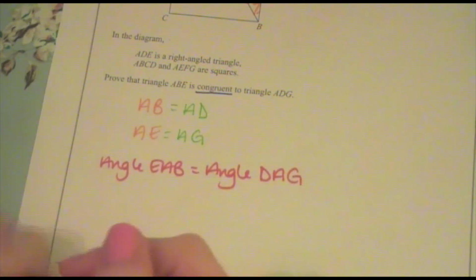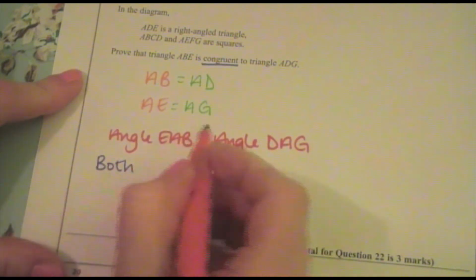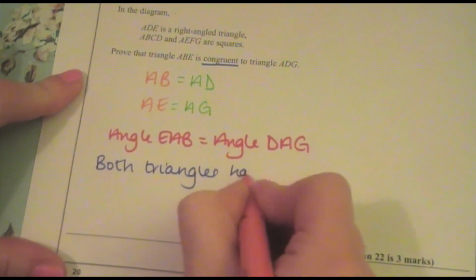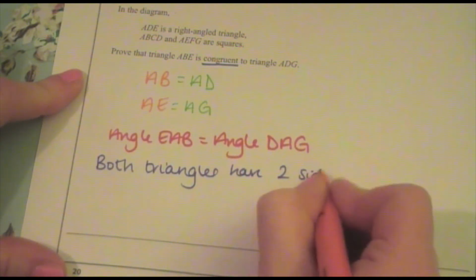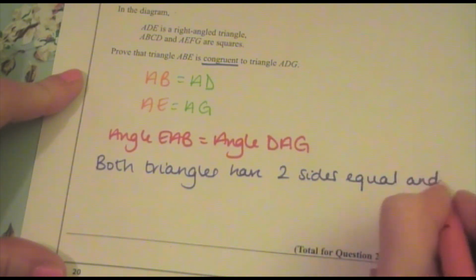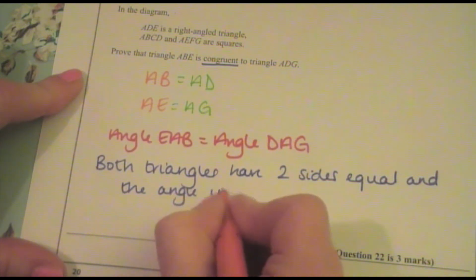However, I need to summarise that. So I'm going to write that both triangles have two sides equal and the angle in between equal.